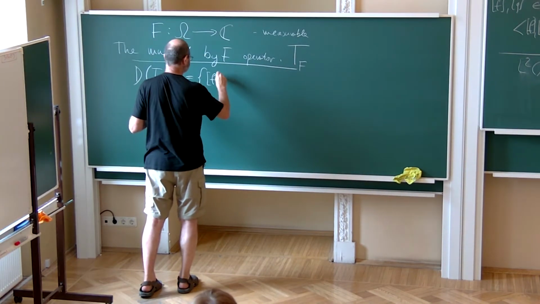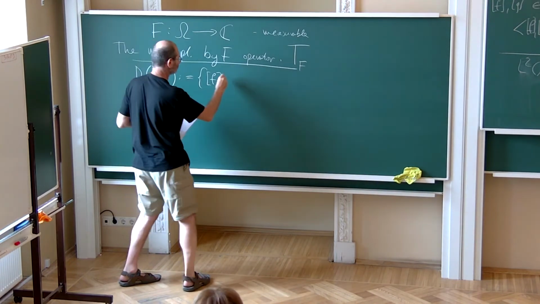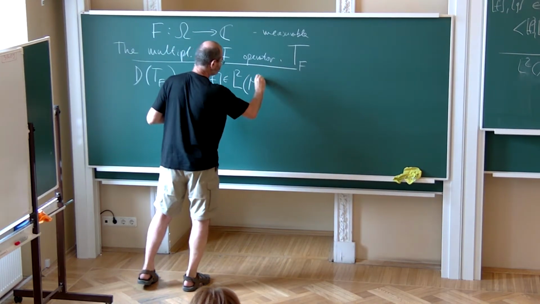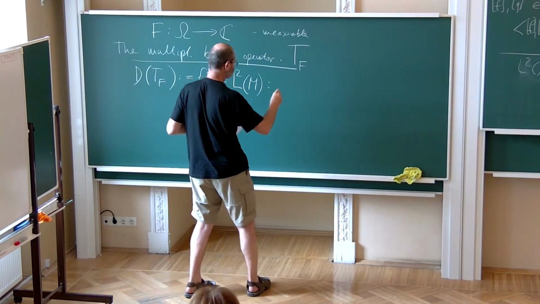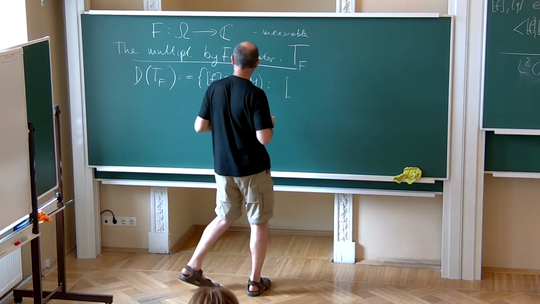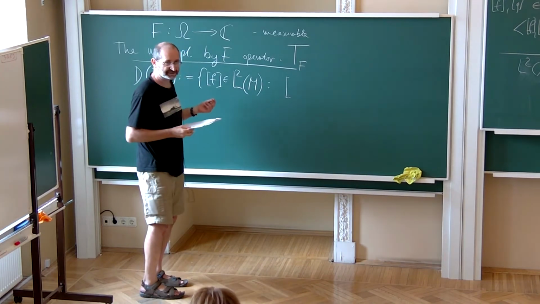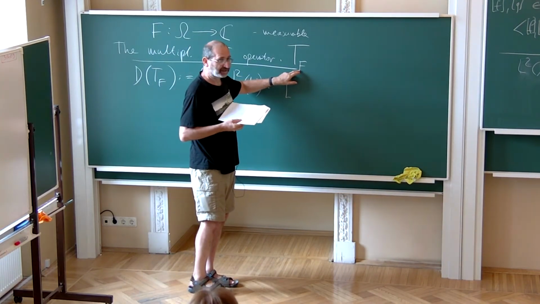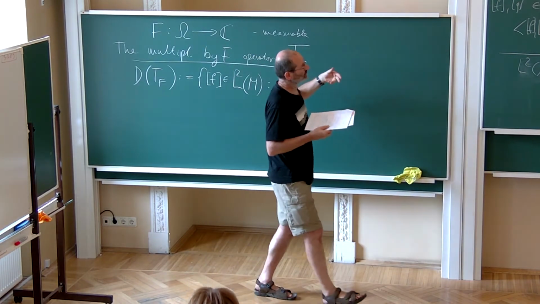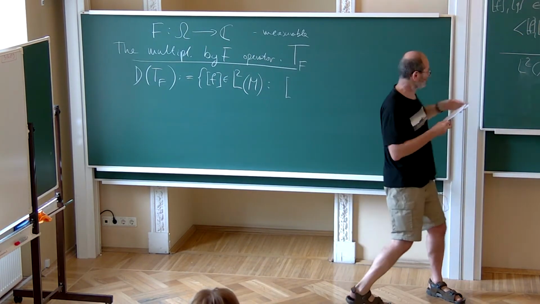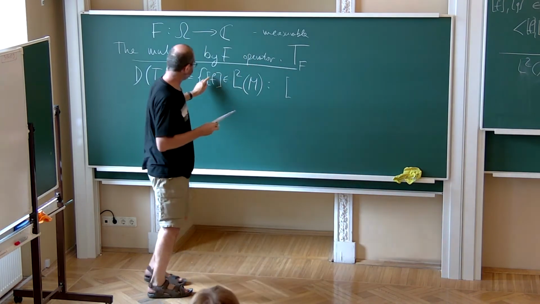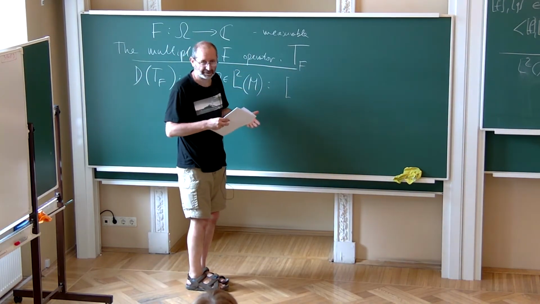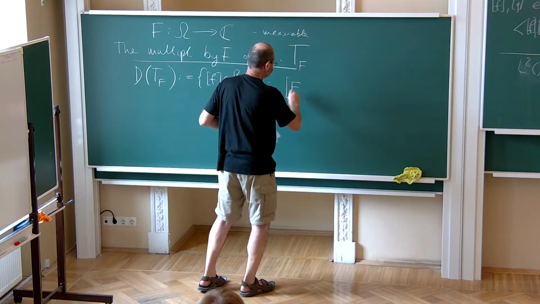So we consider such classes belonging to our space that when we take the product of a scalar function and the vector function, because f is a vector function, and this is a scalar function, so we can multiply and we can take the class.